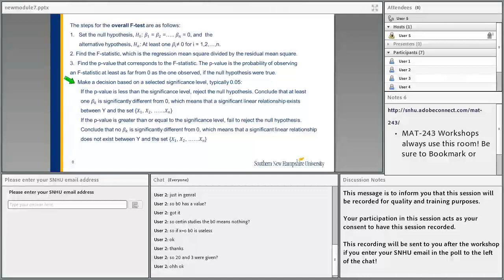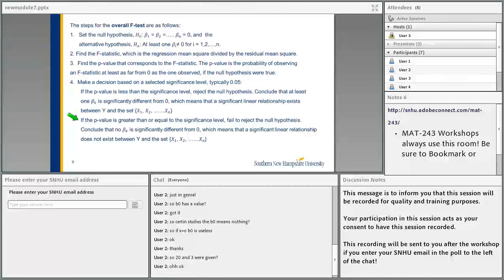And then based on the p-value, we compare it to alpha and then we make a decision. So if the p-value is less than alpha, then we reject the null hypothesis. We conclude that there is at least one beta k which is significantly different from 0, which means that a significant linear relationship exists between y and the set x1 through xn.